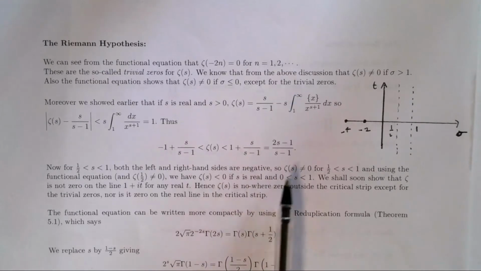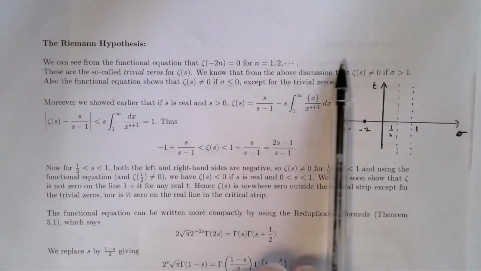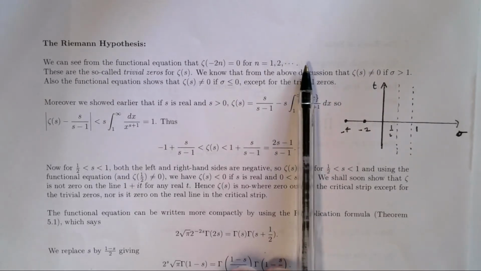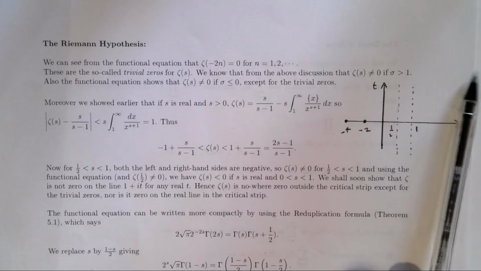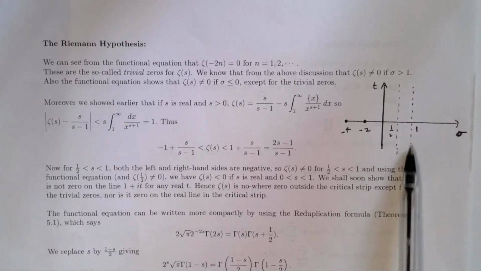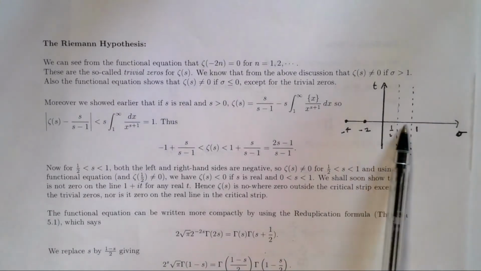So there are no zeros across here, except for the trivial ones. There are no zeros across here. I'm not too sure about what happens along here yet; we'll get to that later. I want to now very quickly show that there are no zeros along this real axis between 0 and 1.